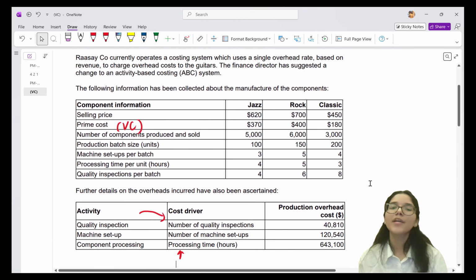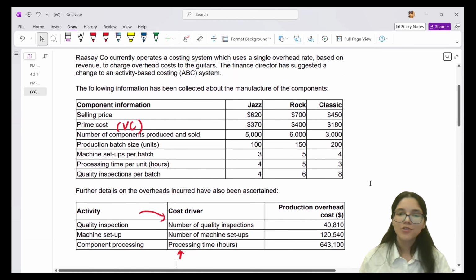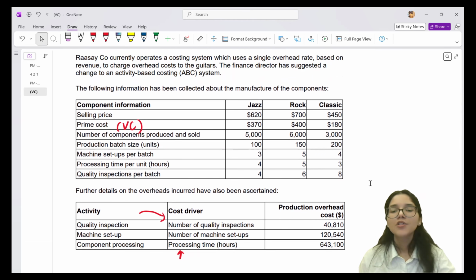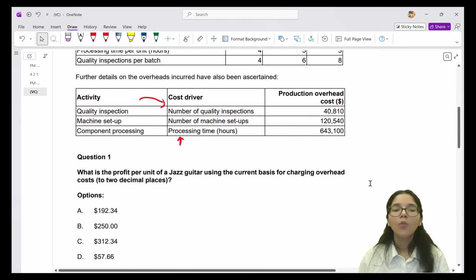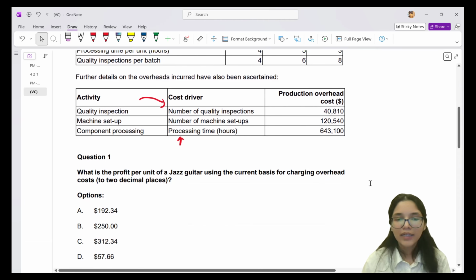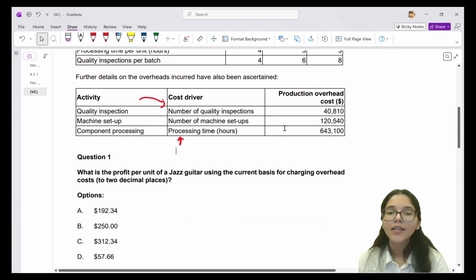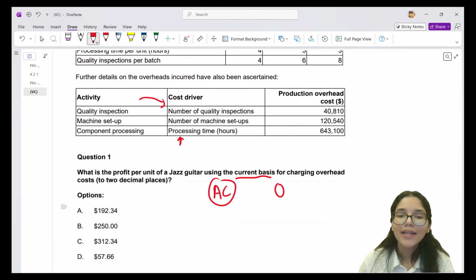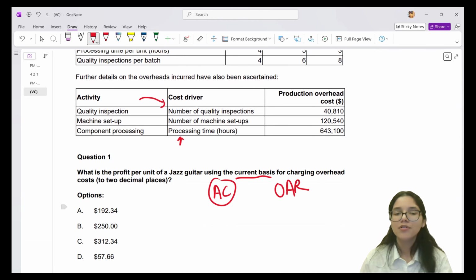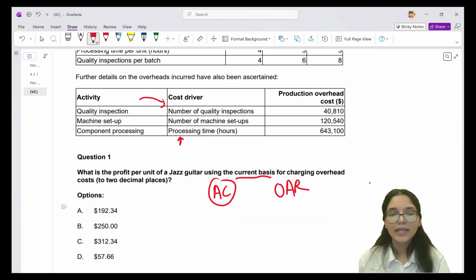This is all the information that we are going to use to solve 5 questions that are based on this case study. So you can see the very first question that is being asked. What is the profit per unit of a jazz guitar using the current basis for charging the overhead cost? So what is my current basis? My current basis is using absorption costing, wherein I use the overhead absorption rate. So the information is already given to you.